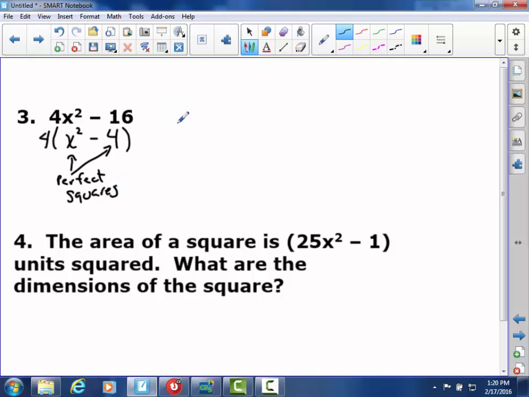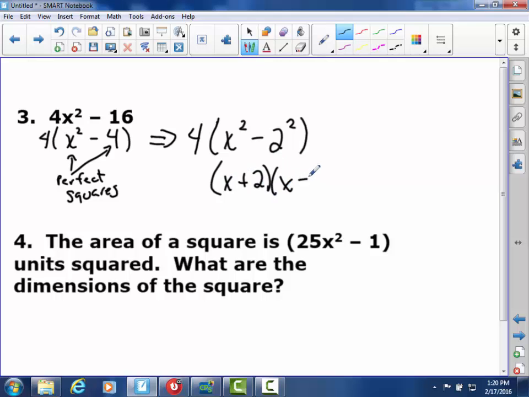So we're still going to have the 4 out front, and we could rewrite this as x squared minus b squared, which would be 2 squared. If we take that apart, that's x plus 2 times x minus 2. And we just bring our 4 out front.